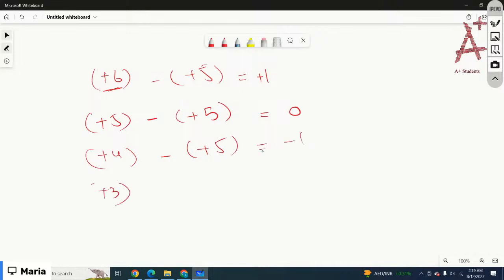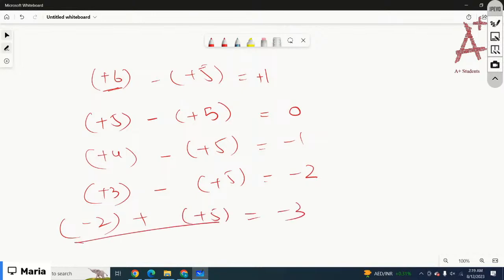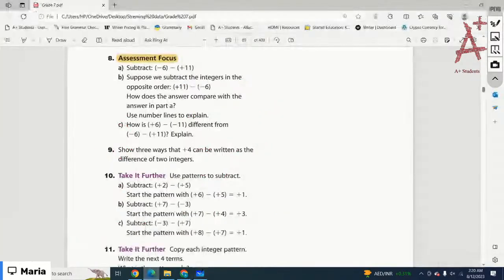Then positive 3 minus positive 5, that would be negative 2. Then positive 2 minus positive 5 equals negative 3. Basically, this is what you are given in the question. You have to find this difference. You see here, subtract positive 2 minus positive 5, right? So you can see 5 and positive 5 are common in the pattern and in the question.